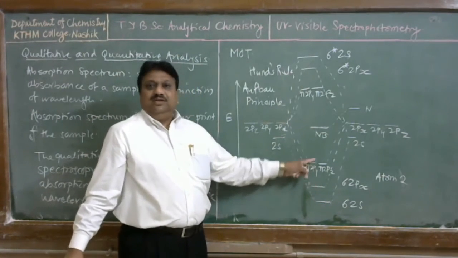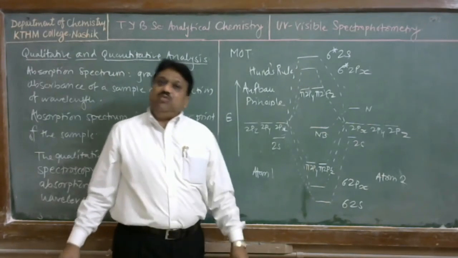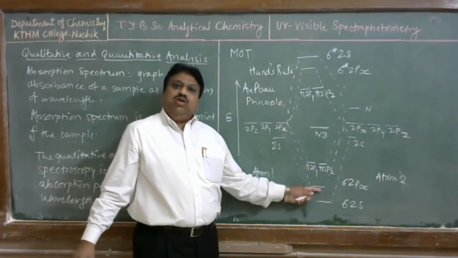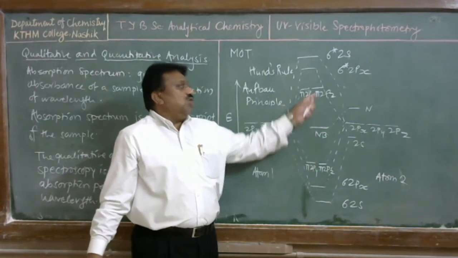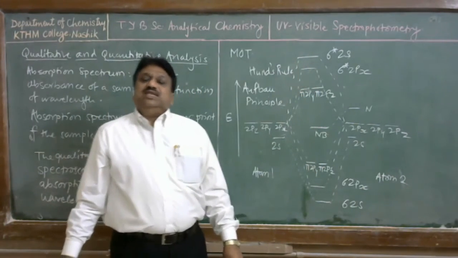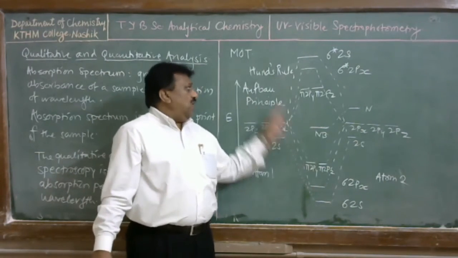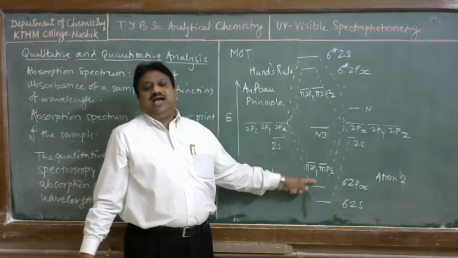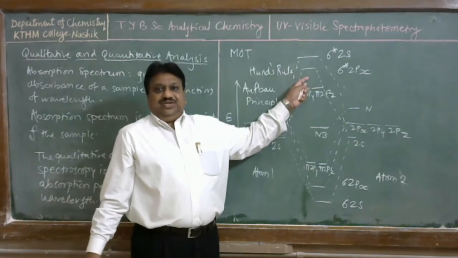Then, if electrons are remaining, some electrons are filled into anti-bonding molecular orbitals. More electrons in bonding molecular orbitals give stability to the molecule, while more electrons in anti-bonding molecular orbitals give instability to the molecule. Therefore, according to Hund's rule and the Aufbau principle, electrons are successively added into the molecular orbitals with increasing energy.